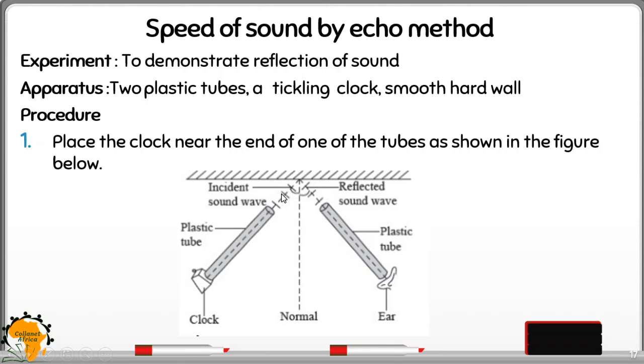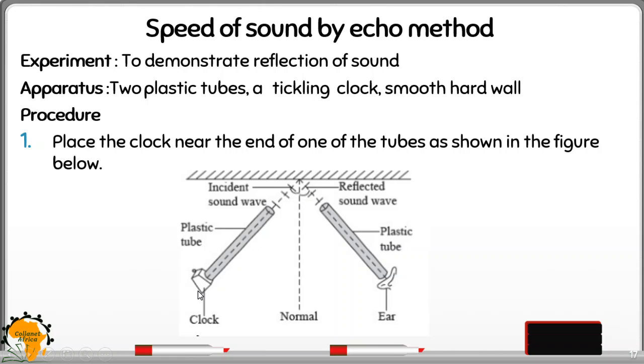So you are making sure that your tube is facing the wall at a given angle. This angle is what we call the angle of incidence, if you can recall the reflection of light in Form 1. This is the normal. And now we have the reflected sound wave. So the angle between the normal and your plastic tube will give us the angle of reflection.